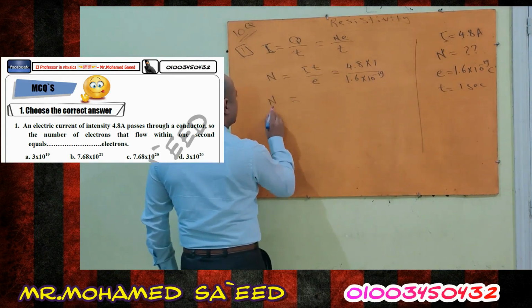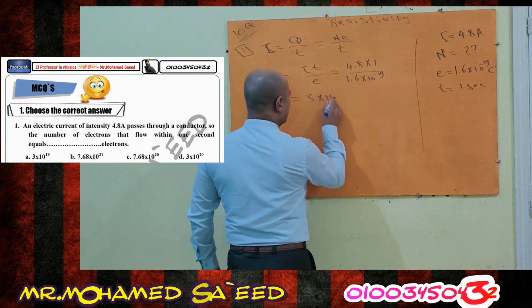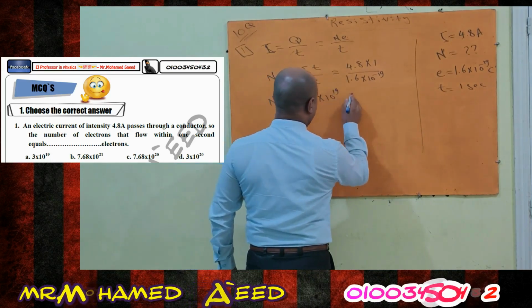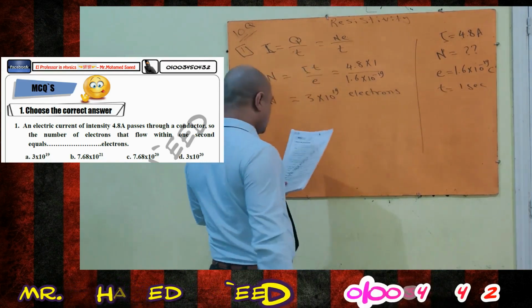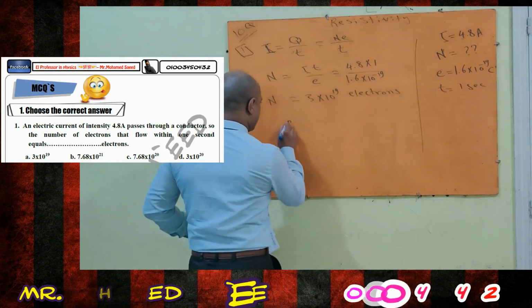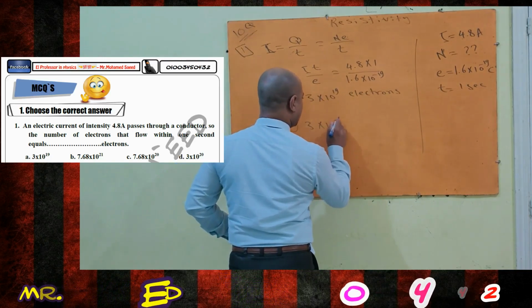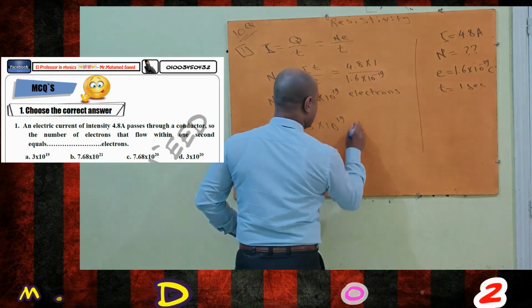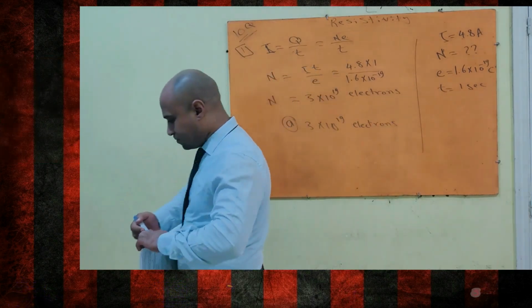So number of electrons flow through the conductor equals 3 times 10 to the power 19 electrons. So the true answer is A. Okay, another question.